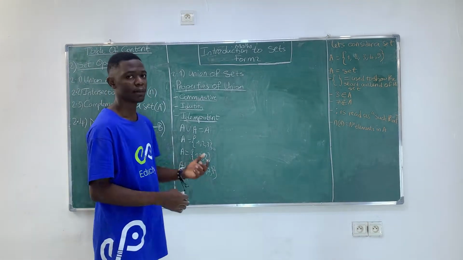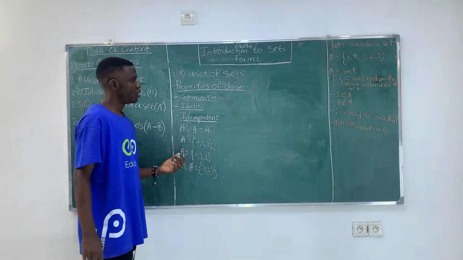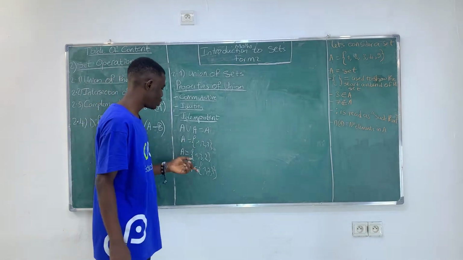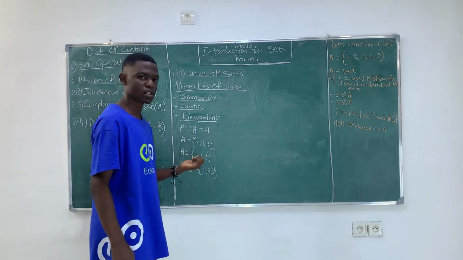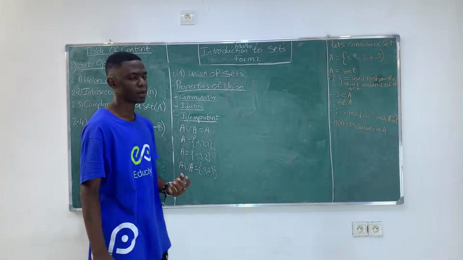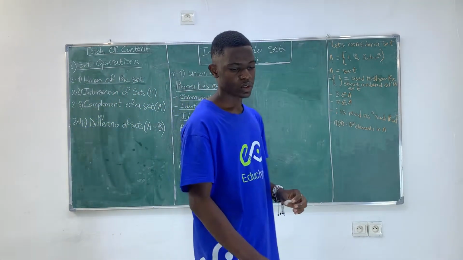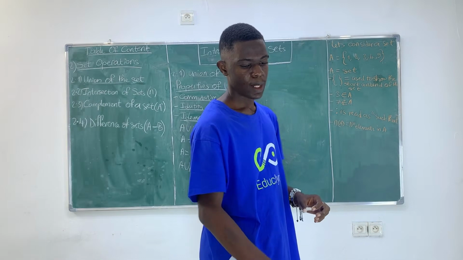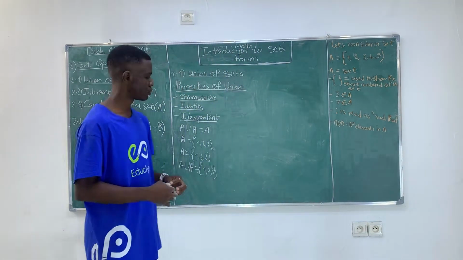It's not in the same order, but the same elements are there. So if you do the union, you are adding the same elements, so it will result in the same elements. So that was the third property.